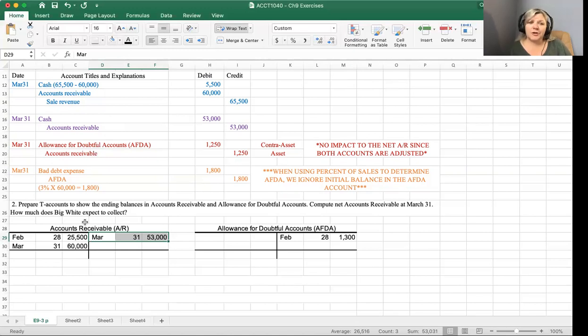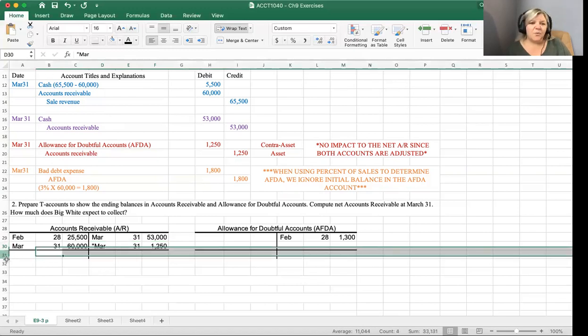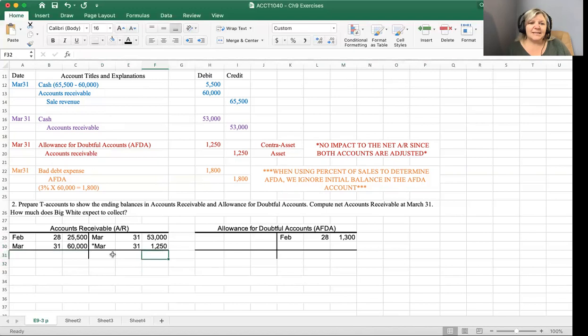And then our third journal entry, we saw that write-off of $1,250. So that's all the transactions affecting accounts receivable. So what we're going to do then is total them up. We're going to have a net debit in our accounts receivable, which is good because accounts receivable does normally have a debit balance. When we add up our debits and take away our credits, we end up with a balance at March 31st of $31,250.